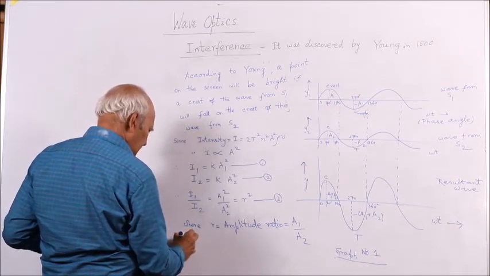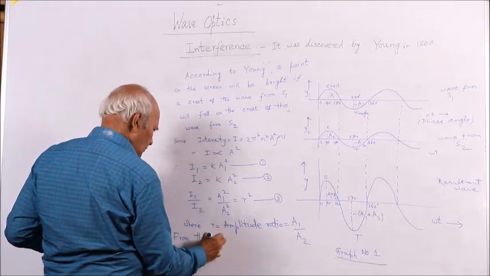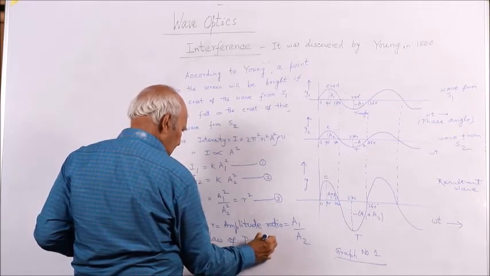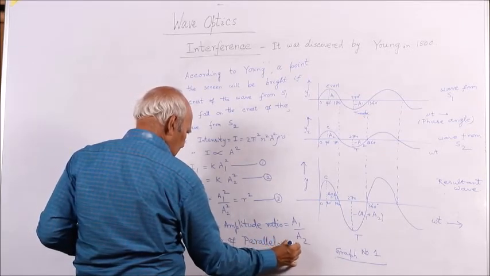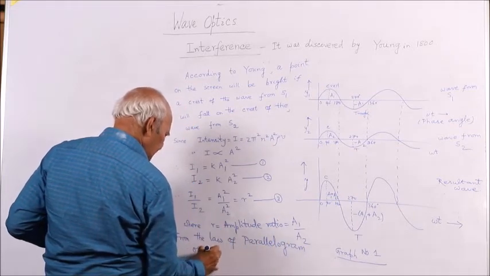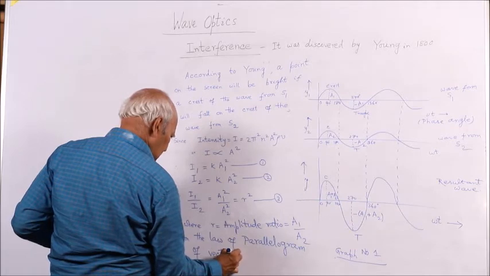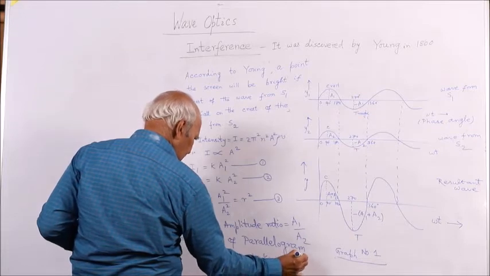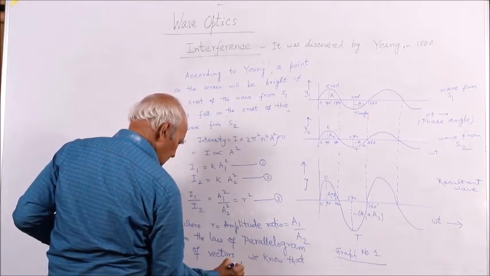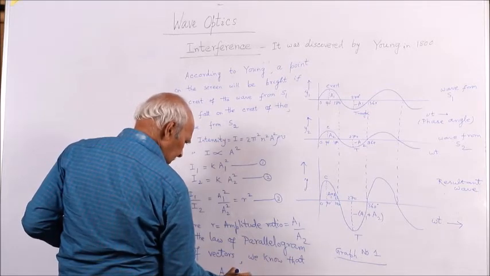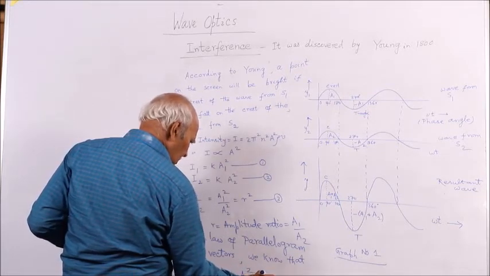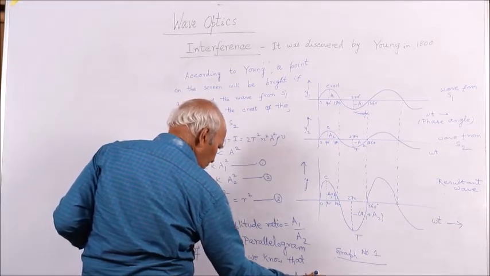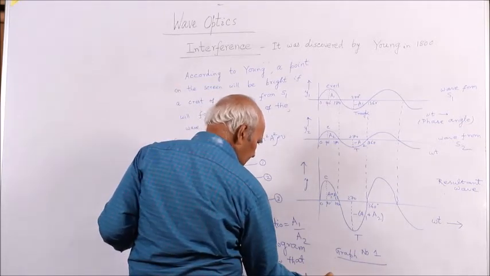From the law of parallelogram of vectors, we know that A square is equal to A1 square plus A2 square plus 2 A1 A2 cos phi.